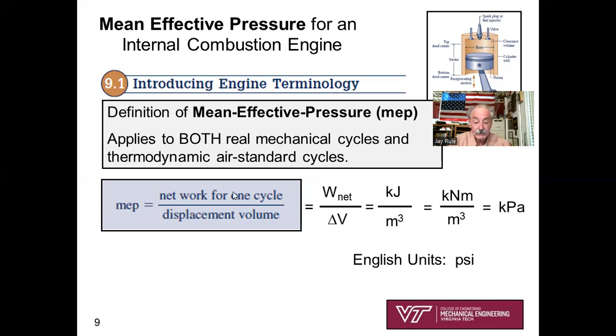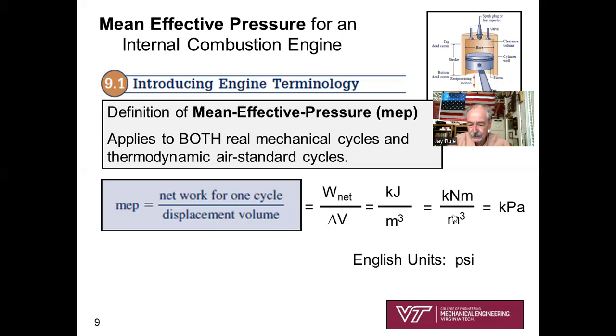Mean effective pressure is net work for one cycle divided by the displacement volume, V max minus V min. In terms of a formula, it's W net in kilojoules divided by the displacement volume, V max minus V min, in cubic meters. Well, let's do a unit check. What's kilojoules per cubic meter? A joule is a Newton meter.